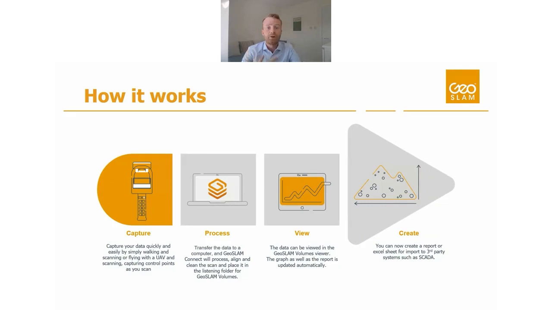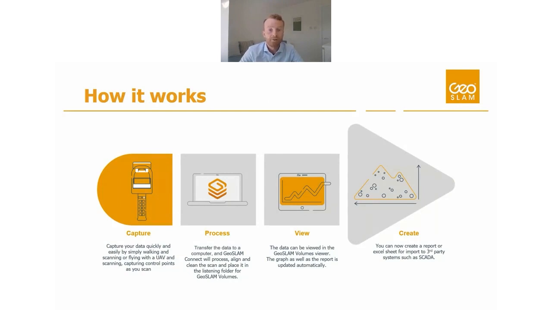The second step is to process the data. Processing is done in our package GeoSLAM Connect, which will process, align, clean and filter the data, and then place that in a listening folder to supply GeoSLAM Volumes with the data needed to then view the data.